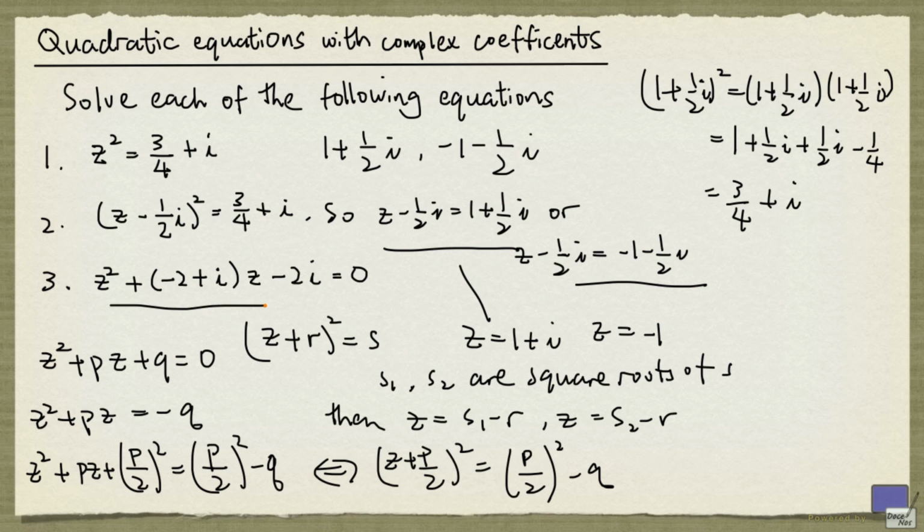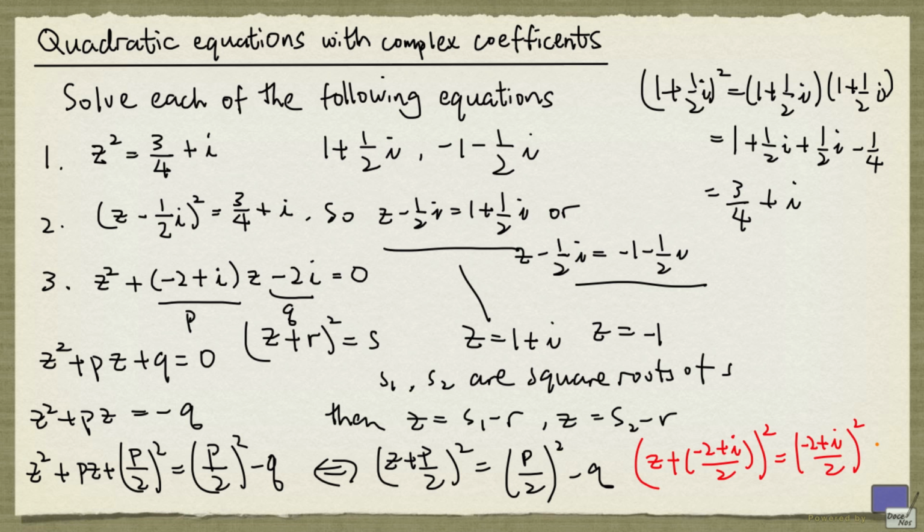So let's look at what happens here. So this will now be our p, and this will be our q. So equation 3 can be rewritten as (z plus (minus 2 plus i) divided by 2) all squared equals ((minus 2 plus i) divided by 2) all squared minus q.